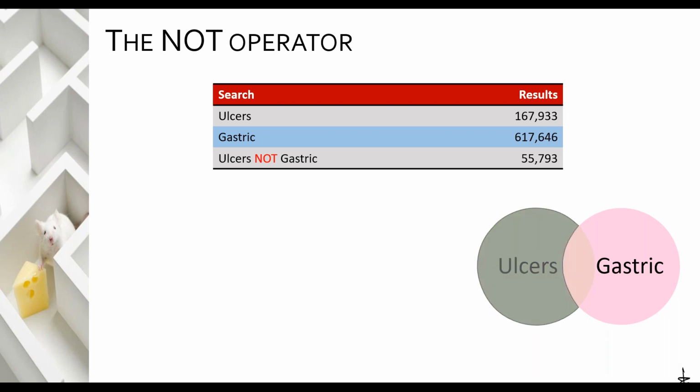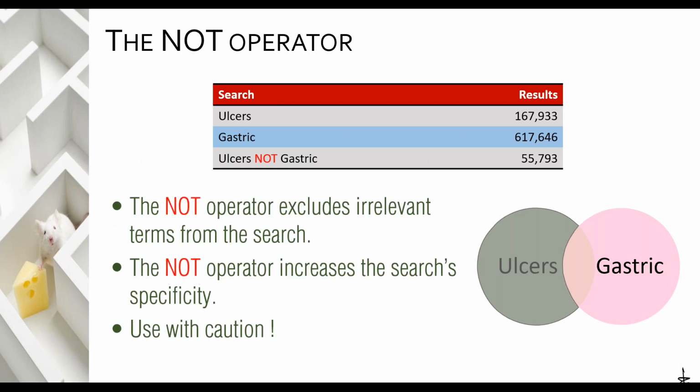So for example, if I want to see venous ulcers, not gastric ulcers. So venous ulcers are those ulcers that are in the ulcer circle, but they're not in the gastric circle. Okay, so the NOT operator basically excludes stuff that you don't want to look for.